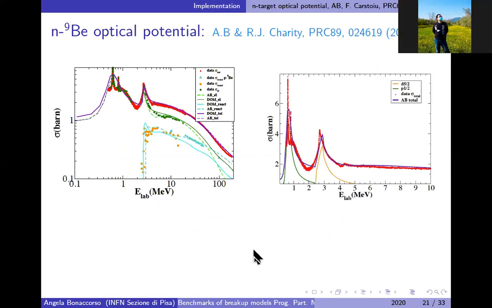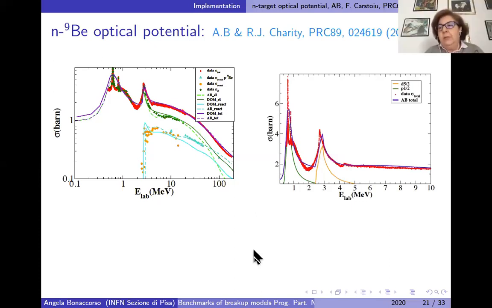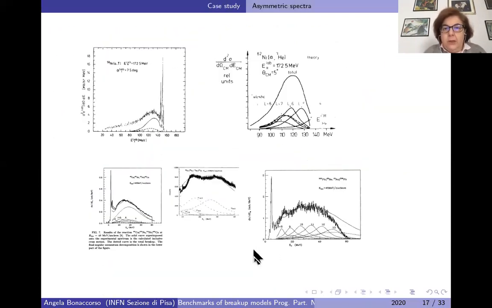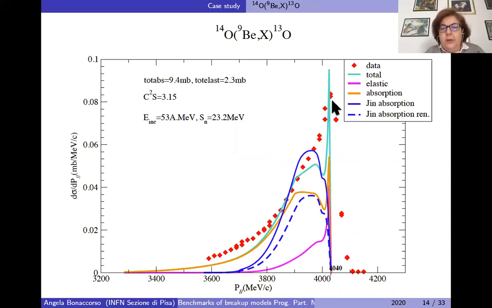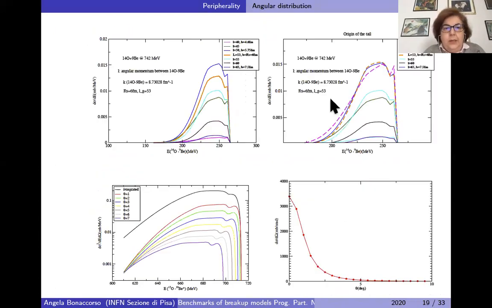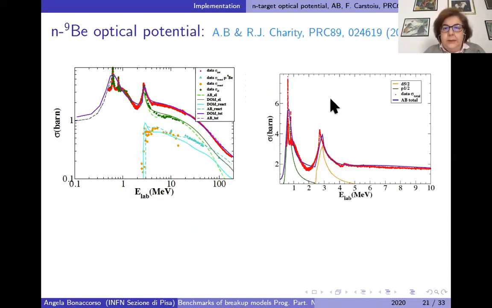Yes. Okay, so one key point, in order to be able to describe these reactions, and in particular the reactions like this one, in which the spectrum is so unusual and deformed, with this peak here, is to understand what happens to the neutron with respect to the target.